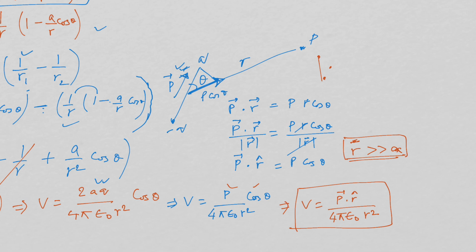Okay, then we have to consider all other elements, even the square of a and r will be considered. But for a dipole whose distance a is way smaller than the position vector of the point P, this is the derivation and final expression for potential.